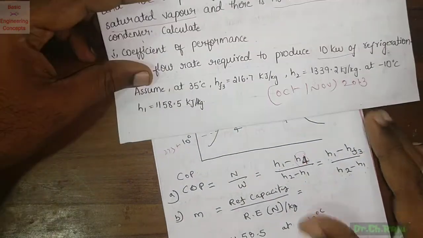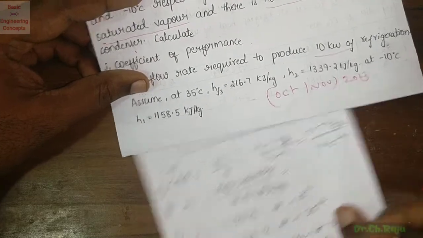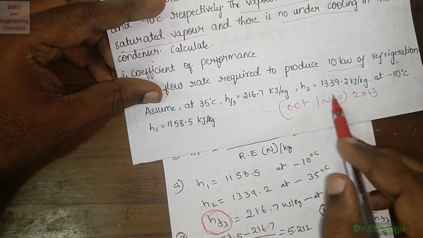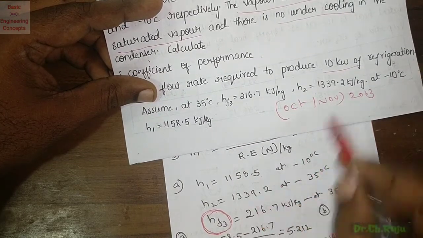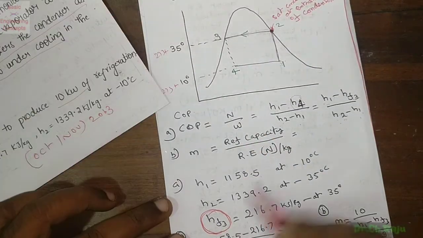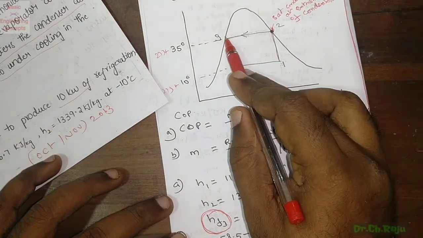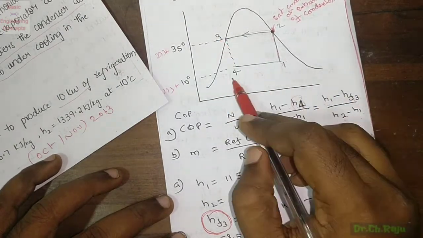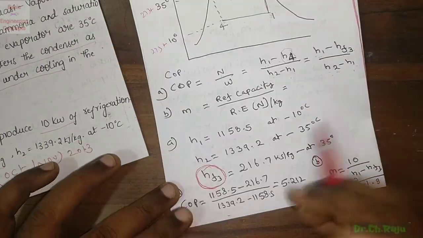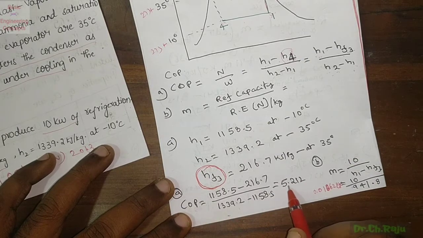By simply substituting, H1 is equal to 1158.5, H2 is equal to 1339, and HF3 is equal to 216.7. Here HF3 should be noted: H4 is renamed as HF3 as the enthalpies at 3 and 4 are the same, because 3 to 4 is the throttling process, a constant enthalpy process. So by simply substituting these values, you can get the COP of the refrigerator as 5.212.